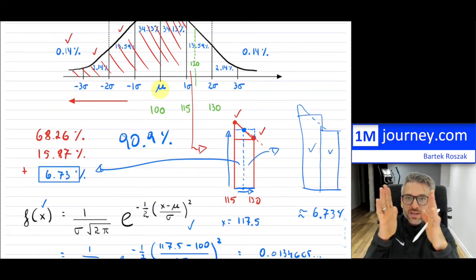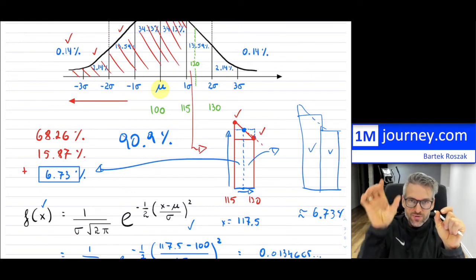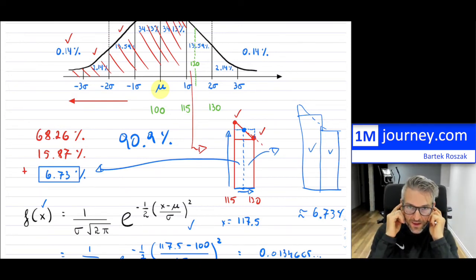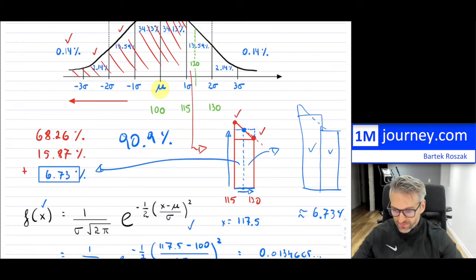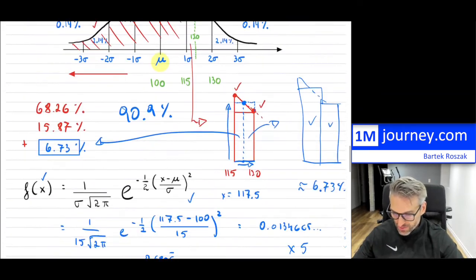The more pieces you put in there, those rectangles, the better your approximation will be. But you can see this approximation was already pretty good. So that was this particular example.